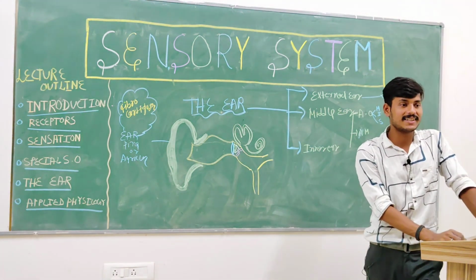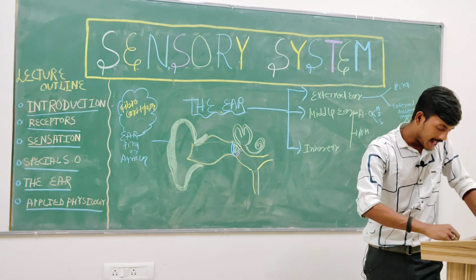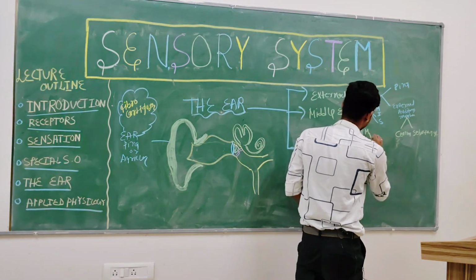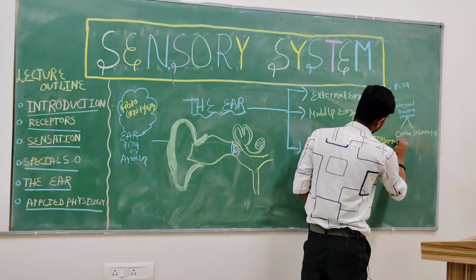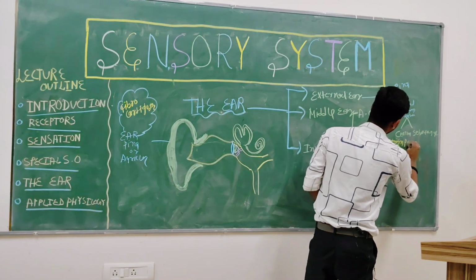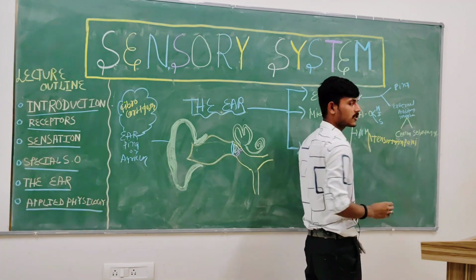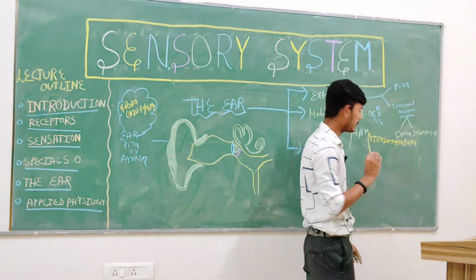The first one is tensor tympani, and the second one is the stapedius muscle, the smallest muscle of our body.